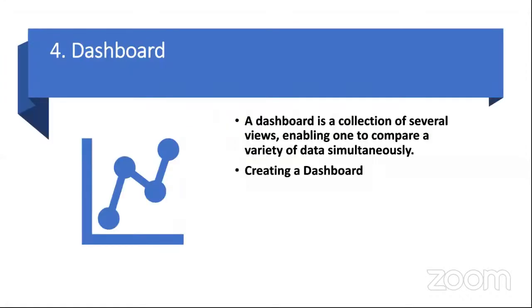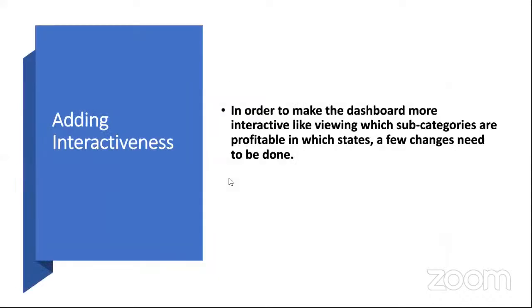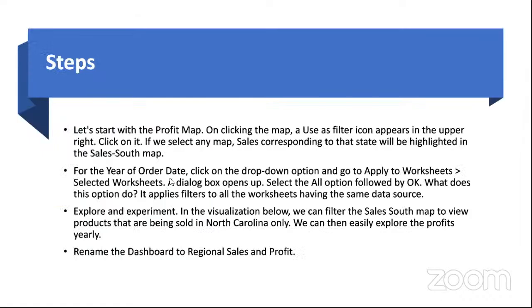Okay, so now we'll be combining all these sheets to build a dashboard, because a dashboard will give you a very interactive view. So see now, we'll go to new dashboard and select this.